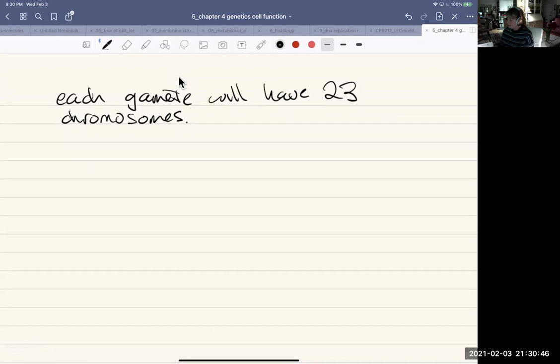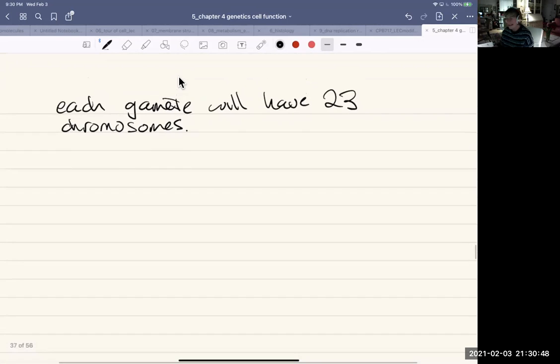But the thing is, there is a probability of getting a particular allele. And the probability depends on what your parents have.